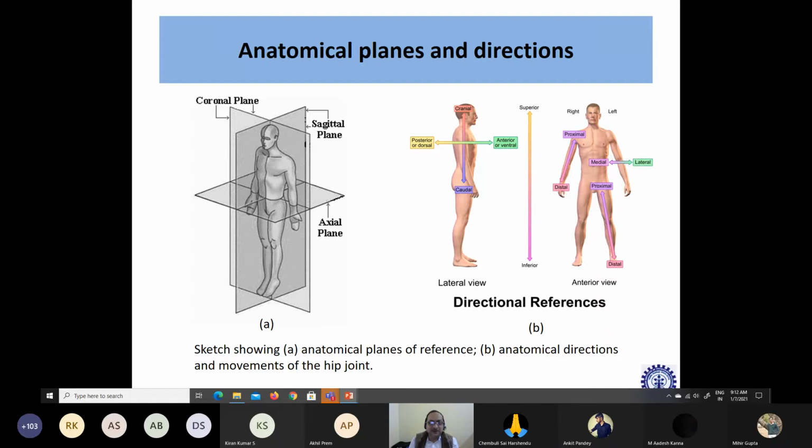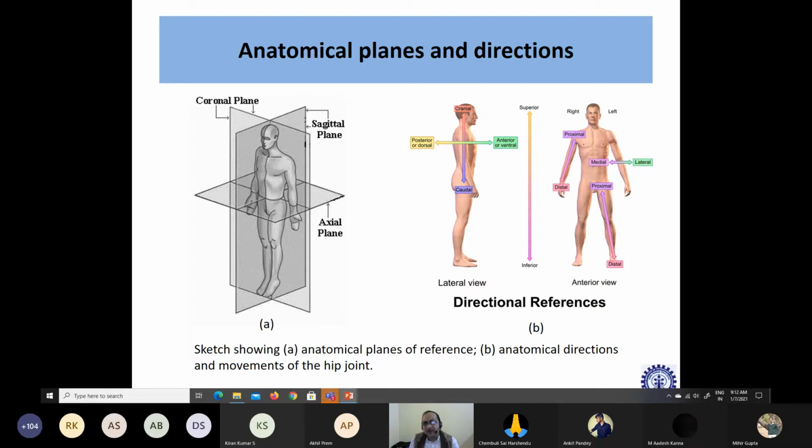And then the sagittal plane, which is normal to the coronal plane. The coronal plane is more through the mid-frontal plane, and the sagittal plane is normal to the coronal plane. So we have these three anatomic planes, and then we have the directions.